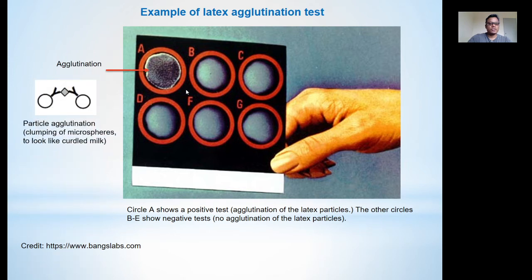The agglutination forms when the antibody attached to the latex microsphere agglutinates with the antigen that we are looking for. So the bead looks like curdled milk. So this test can be interpreted by the user. We don't need to use any instrument.